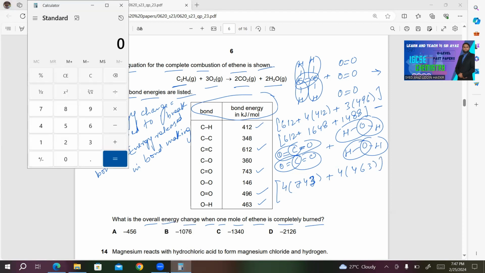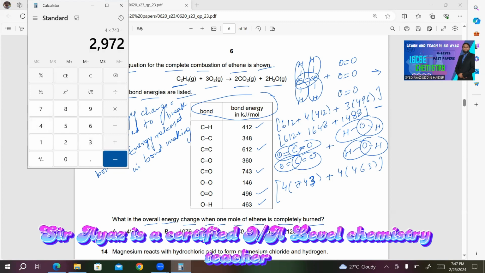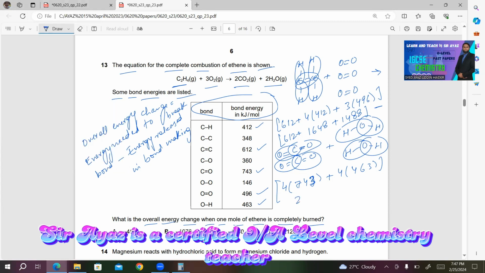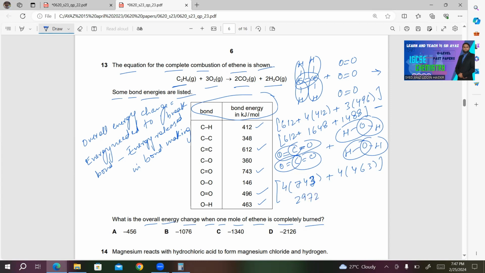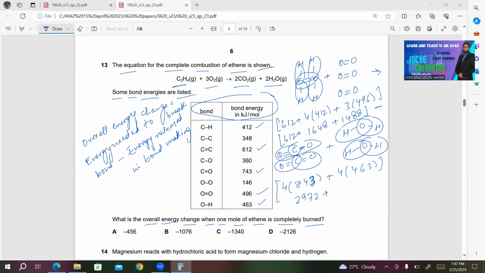If you multiply 4 by 743, you'll get 2972. Multiply 4 by 463, we'll get 1852.